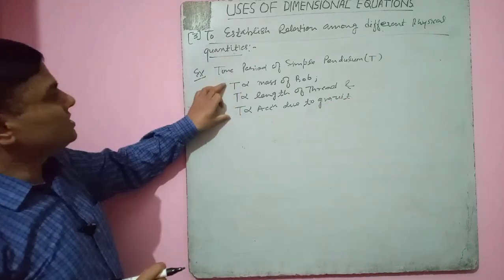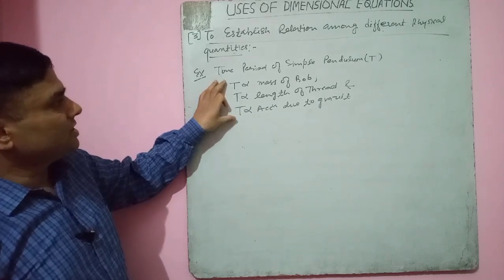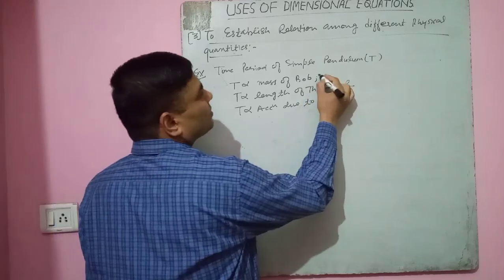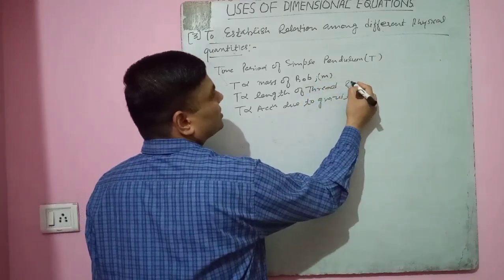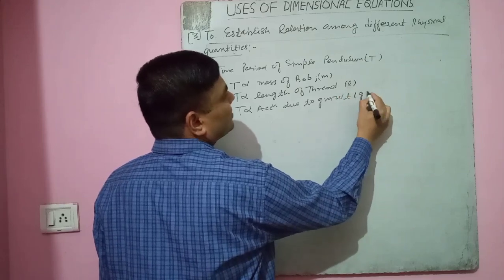T depends upon these three quantities, and we have to establish a relation among these four physical quantities. Suppose the mass of the bob is m, the length of the thread is l, and the acceleration due to gravity is g.